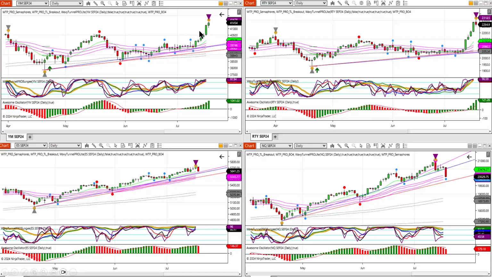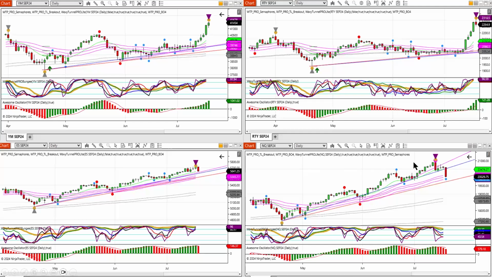So the YM in the upper left-hand corner had a 0. I think I printed out these charts, probably the same day, had a 0, and you see the purple arrow. And RTY as well, purple arrow. ES, purple arrow with 1 red candle already, and NQ, purple arrow with several red candles already.